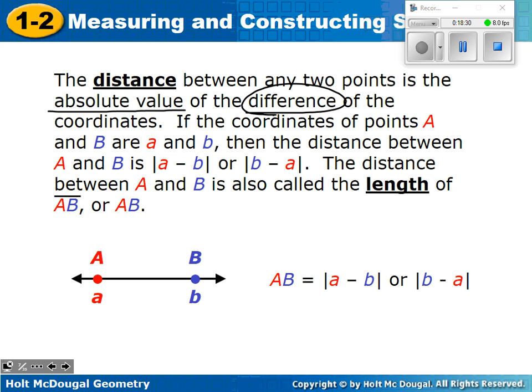Are you with me? You do not put a line segment above it if you're telling me what it's equal to. If you're telling me the distance from A to B is 2, there should not be a line segment above it. Here's why students get confused. In the book, they'll say, find the length of AB. And so they think, oh, AB equals 2, because they put a line segment here.